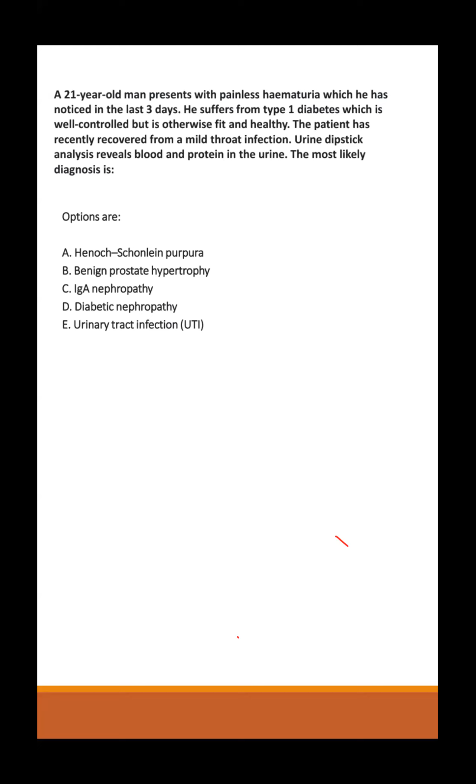Is it within a week or within a day? How will you differentiate it from post-streptococcal glomerulonephritis? After the throat infection, IgA nephropathy appears in 1 week to 10 days, I think. For post-streptococcal glomerulonephritis, what will be the duration? It will be 2 weeks.